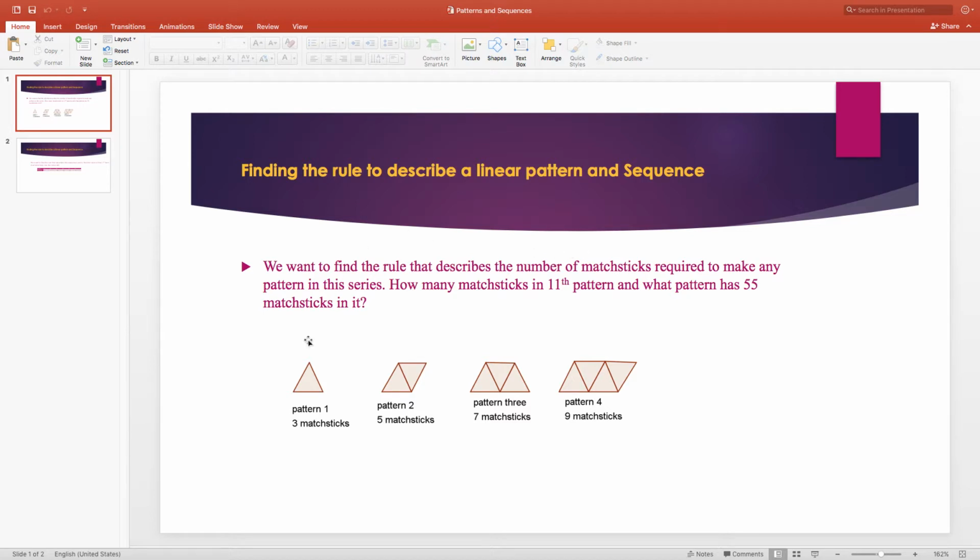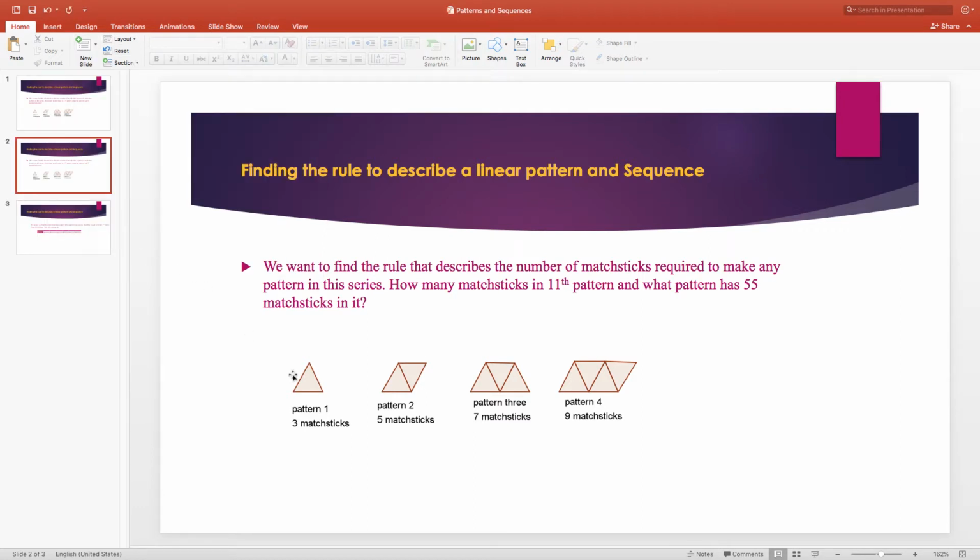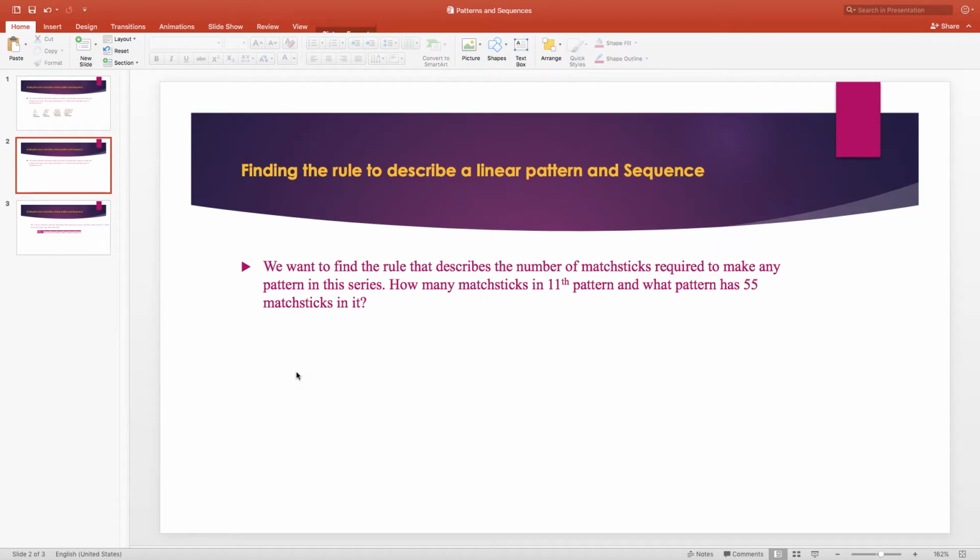So here we have pattern 1 with 3 matchsticks, pattern 2 with 5 matchsticks, pattern 3 with 7, and pattern 4 with 9. And the first thing we're going to do is create a difference table, or a table of differences.